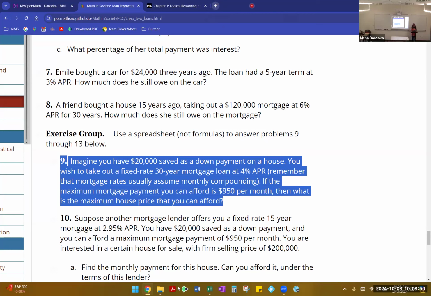While I'm getting that spreadsheet open, again, remember how Samuel had asked if you guys could create your own spreadsheets ahead of time. So if you want to do that, that's fine. You just need to make sure you are sharing that with me on the day of the exam so I can see how you did your calculations. If I cannot see your calculations, you will not get full credit on your question.